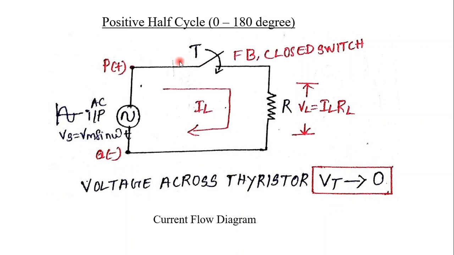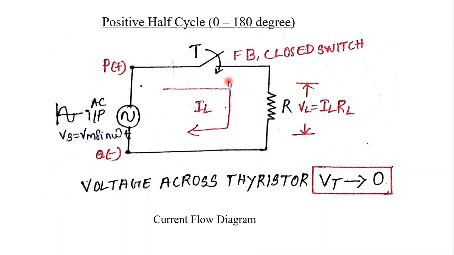As we said previously, P is directly connected to T, and the thyristor is forward bias. That time we apply firing pulse to the thyristor, then it starts conducting. When gate pulse is applied to thyristor, then it is turned on.